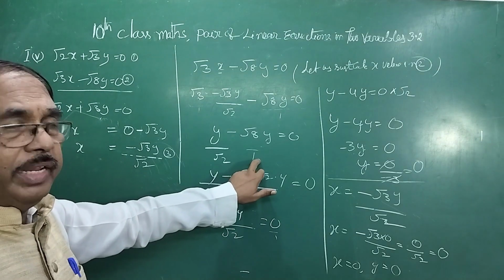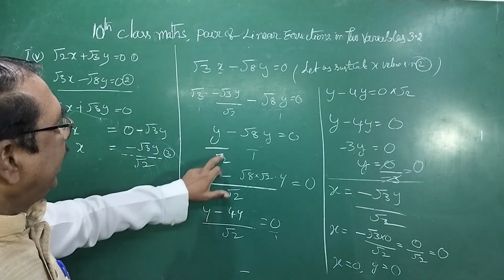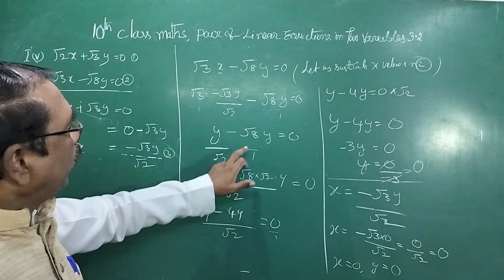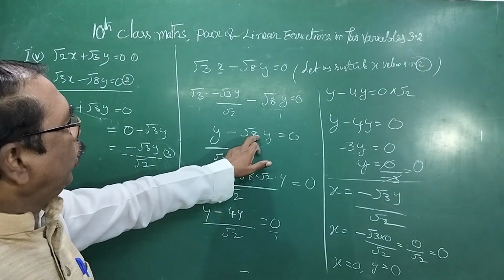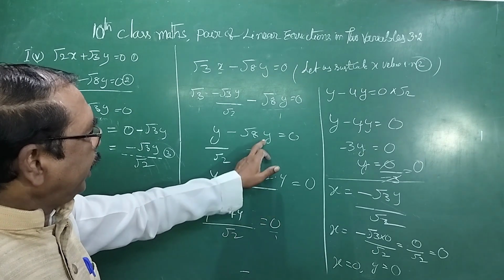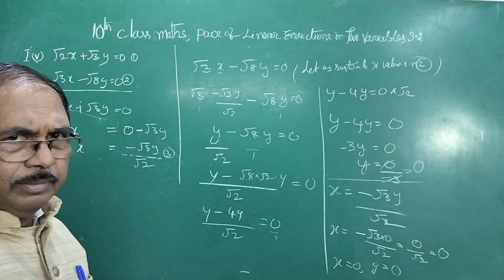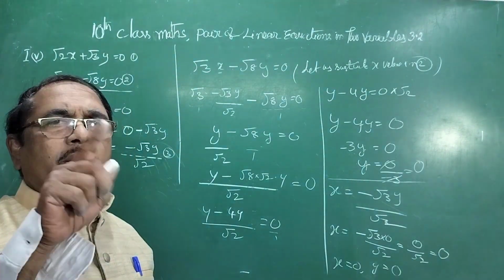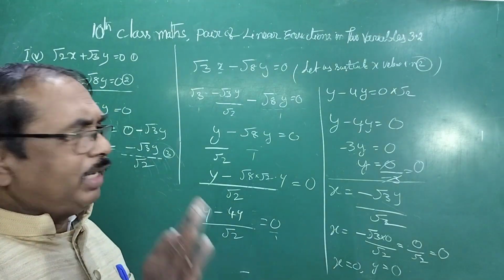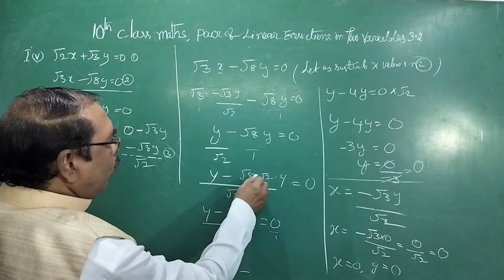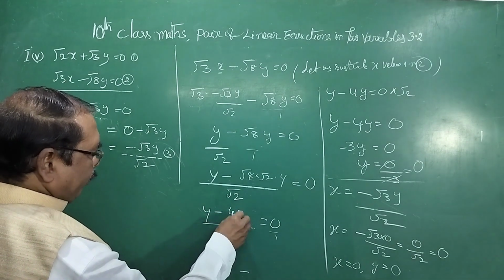Root 2 goes into root 2 one time, and into root 8 it goes root 2 times. So root 2 into 8 into y: root 8 into root 2 is root 16, 16 is 4 squared, square and root cancelled, 4 remains. So y minus 4y.